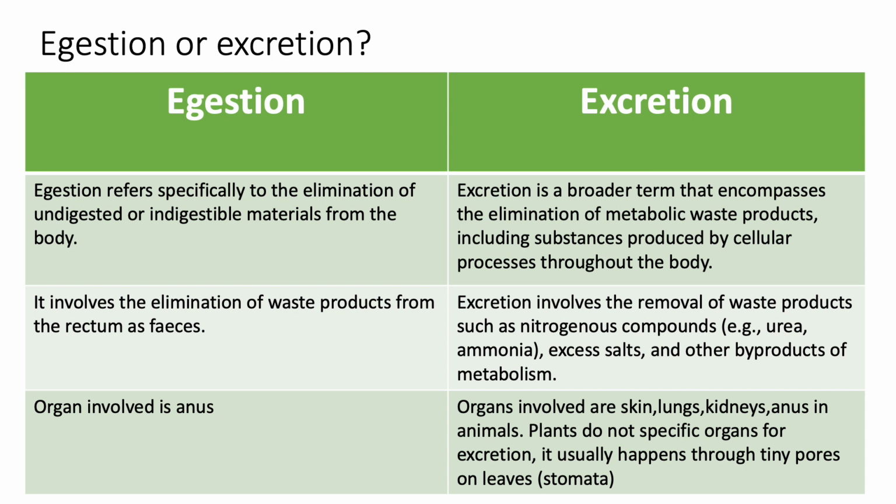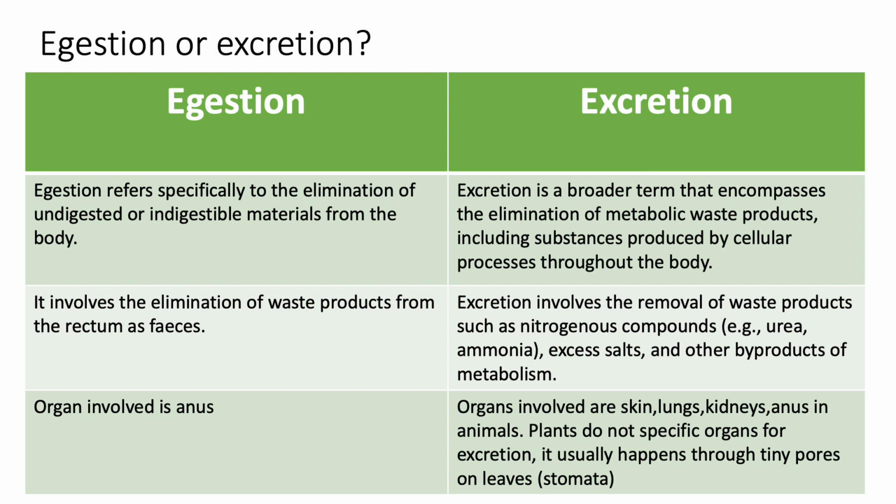The answer is no. Egestion refers specifically to the elimination of undigested or indigestible materials from the body. It involves the elimination from the rectum as feces, and the organ involved is the anus. Excretion is a broader term. It means elimination of metabolic waste products, including substances produced by cellular processes throughout the body.